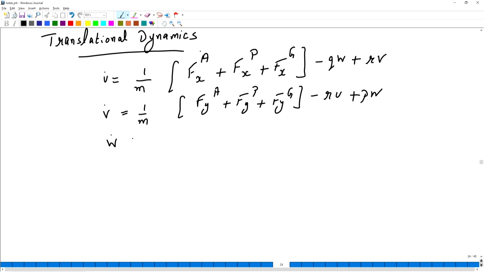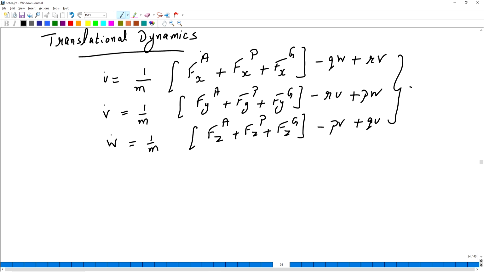For w dot we have 1 upon m times Fz aerodynamic forces, propulsive forces and gravitational forces, minus pv plus q into u. Let me denote this as equation number 15. I am continuing the numbering from the previous lectures.